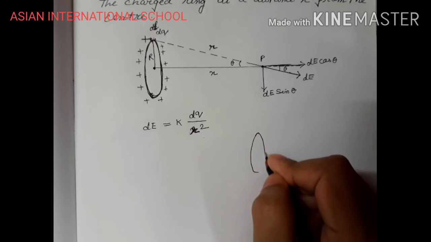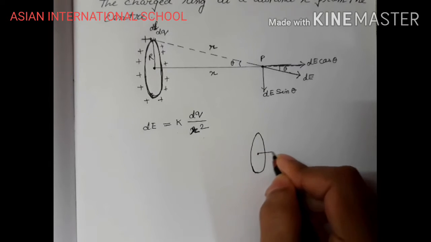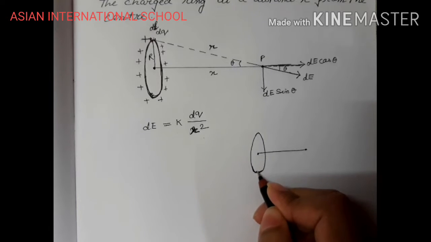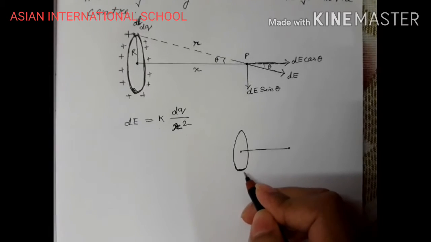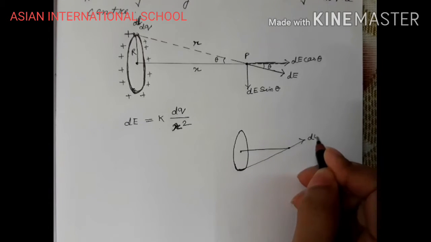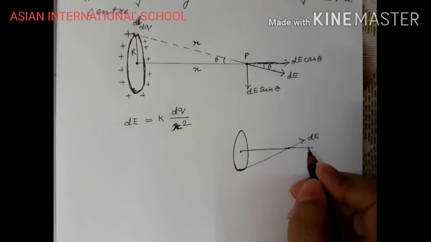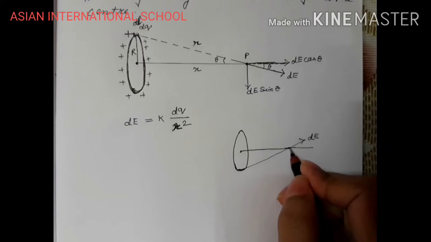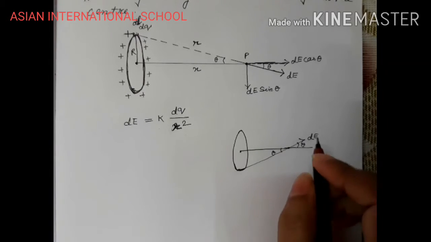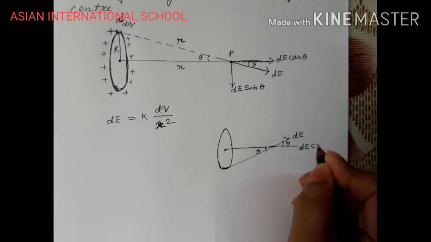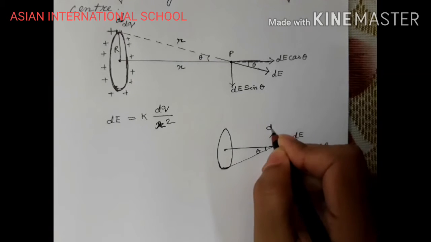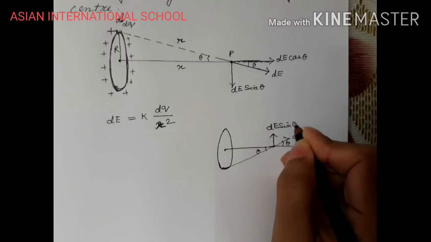Just like I am showing here. If this is your charged ring and this is the point where you need to calculate the electric field, and you have chosen the element over here, then this will be the direction of the electric field. It can be resolved into two components. This makes angle theta, so this will be dE cos theta, and upwards I will get dE sin theta.